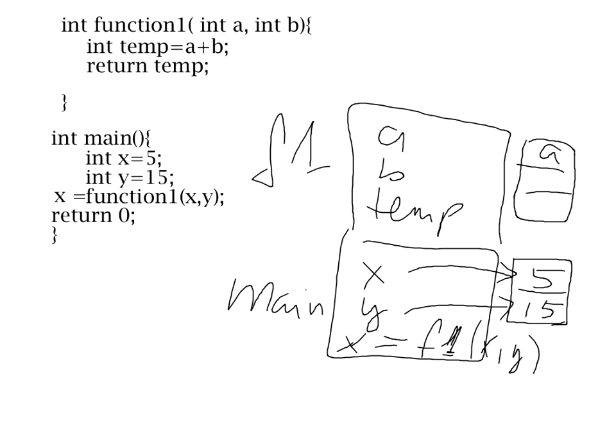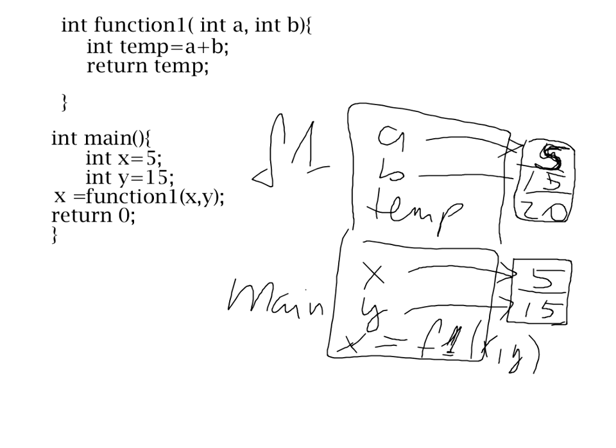So A is pointing to a memory location. Now what is A going to contain? A is going to contain 5, which is the copy of X. And then B, right, B is going to contain 15, which is a copy of Y. And then we're going to add the 2 values together and store it into temp.